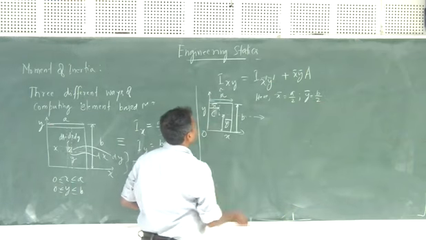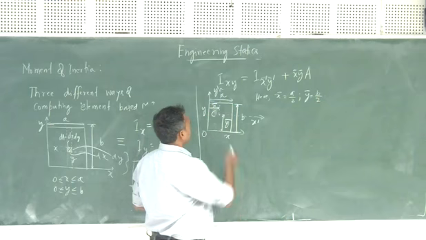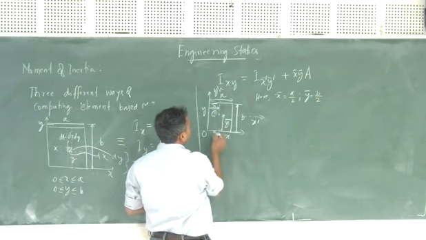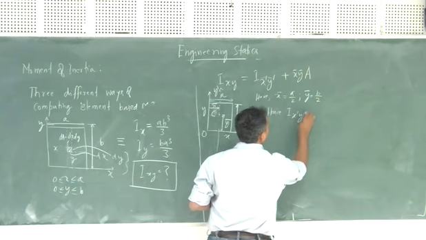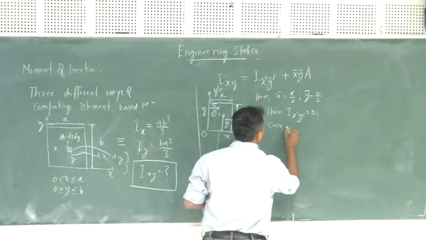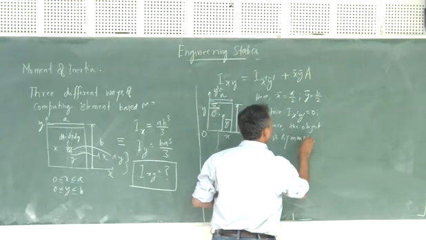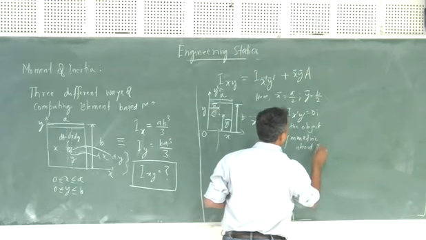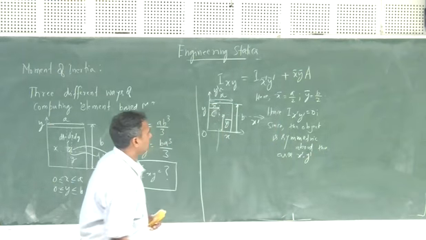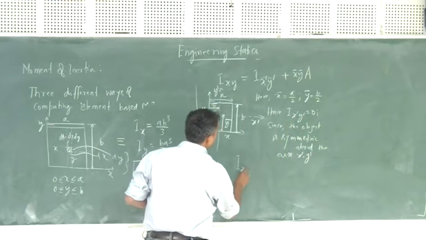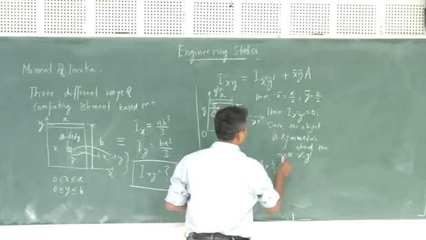Since these axes, x' and y', located at x bar and y bar from this point, are such that the line is symmetric about this one and this line is symmetric about this, hence Ix'y' is zero because the object is symmetric about the axes x' and y'. So simply Ixy will be nothing but x bar, a by 2, times y bar, b by 2, times A, which is ab.